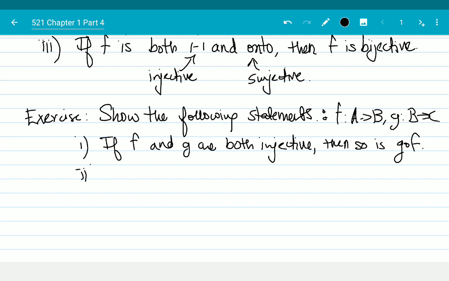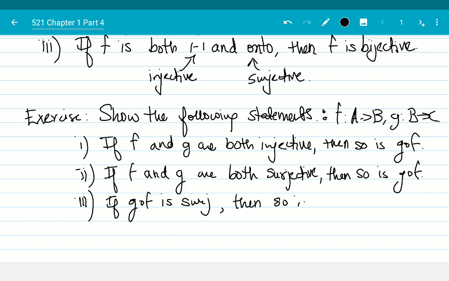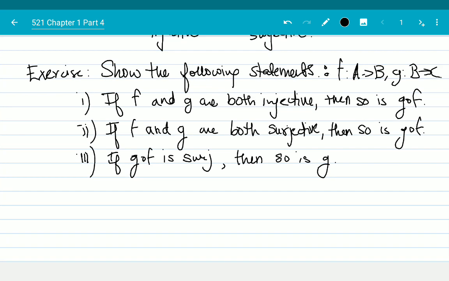Second, if F and G are both surjective, then so is G composed F. Third, if G composed F is surjective, then actually so is G. So we are not claiming that F is surjective or not.